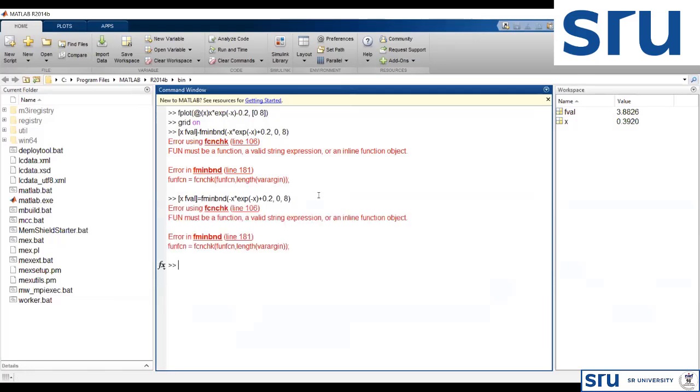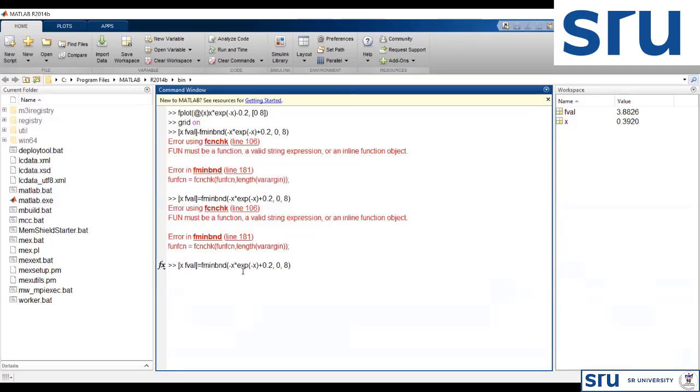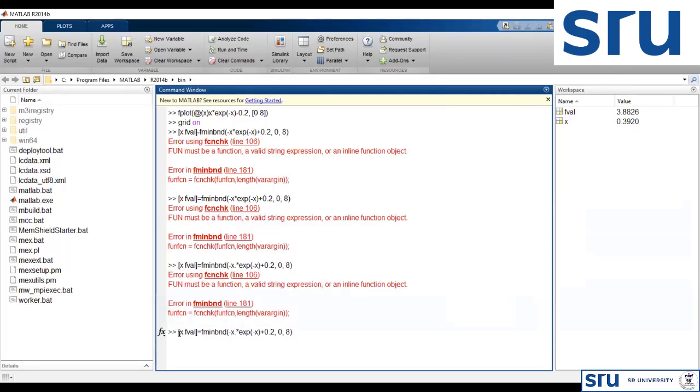The function had an error, sir. Left side minus x. Oh, yes. Minus x. Oh, sir, at the rate x. Yes, at the rate x.